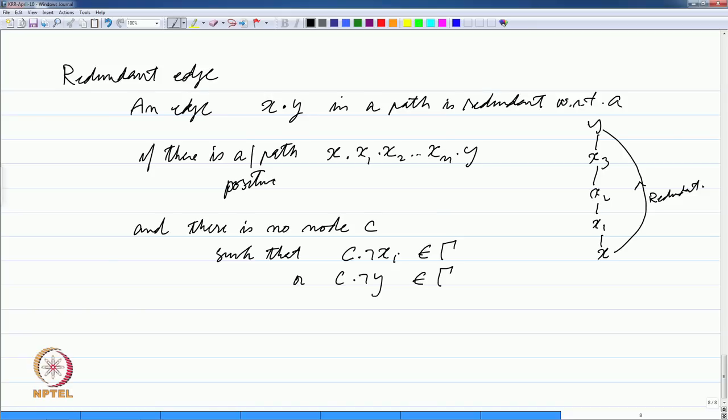Which means that if I have a node called C like this, and it is giving a negative edge to x or a negative edge to y, then xy is not redundant.